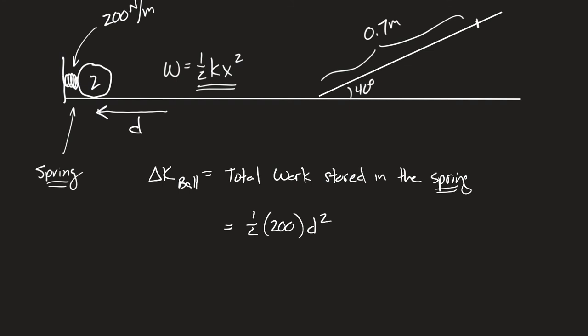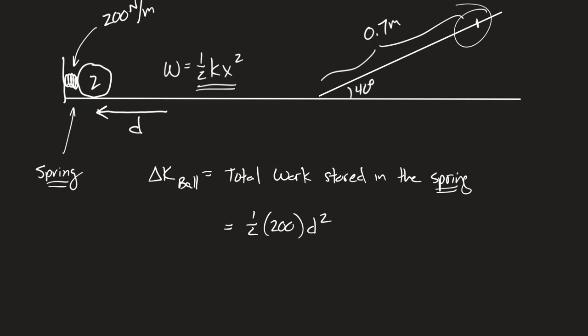Now, this is just going to change the kinetic energy of the ball. But we know how much kinetic energy the ball had when it made it to the 0.7 meters mark. We have that knowledge. So we can go back and figure out, well, how fast was the ball going earlier? And I could use that to figure out how much kinetic energy the ball needs to have to make it to that 0.7 meter mark.